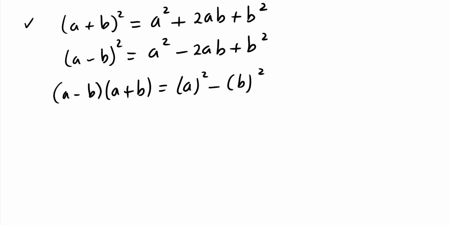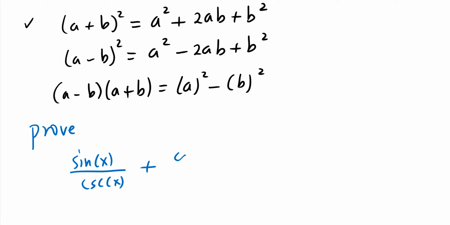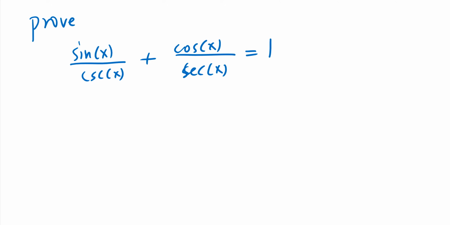Let's start looking at an example. Let's look at this one. Sine x over cosecant x plus cosine x over secant x equals 1. So how do we start proving such an identity? Look at the larger side. It's the left side.